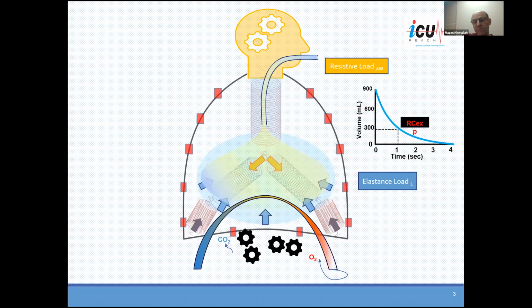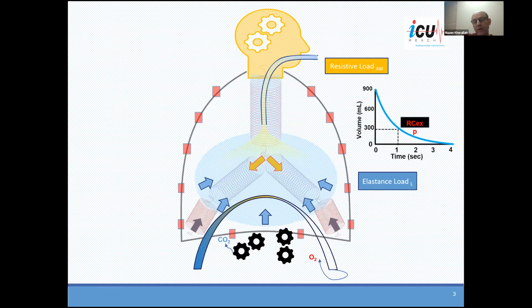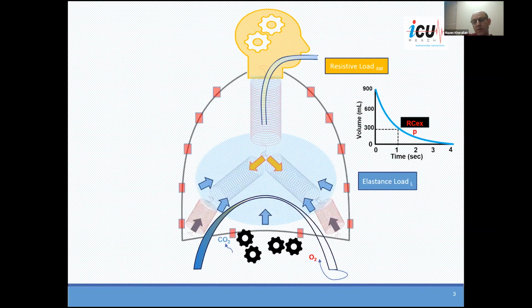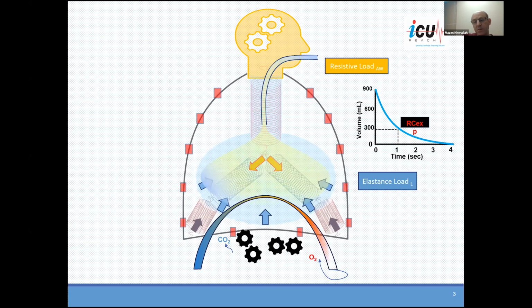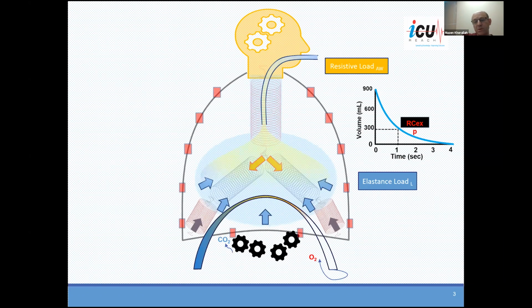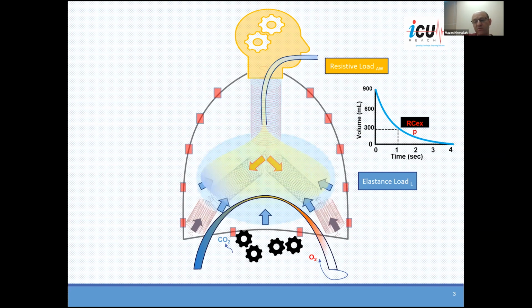So for example, if you inhale 1 liter and start exhaling, and it takes 0.5 seconds to exhale 2/3 of the 1 liter, that means the time constant is 0.5.